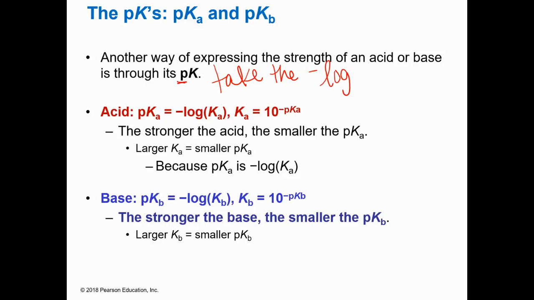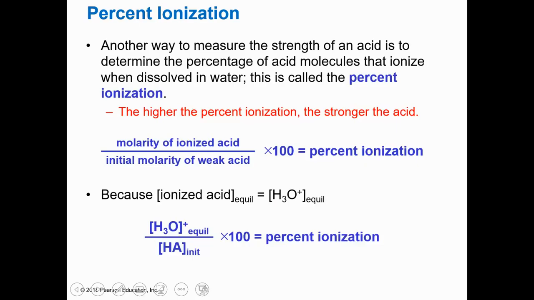Okay, so the larger the Ka, the smaller your pKa will be. So the stronger the acid, the smaller pKa. And remember, that's kind of like less than 7. The stronger the base, the smaller the pKb will be. I am going to post a table of those constants, Kas and Kbs.